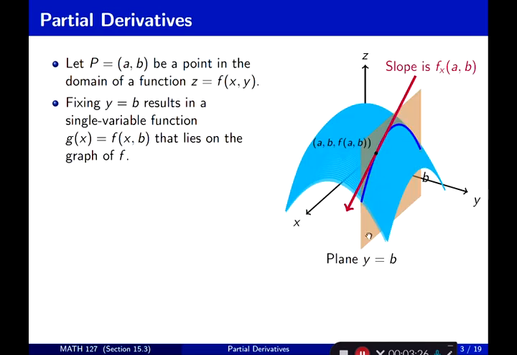So now I can define the derivative in terms that we defined for single variable. So this is the entire story. When you're fixing y, that's y equal to b, that's a plane, y equal to b.